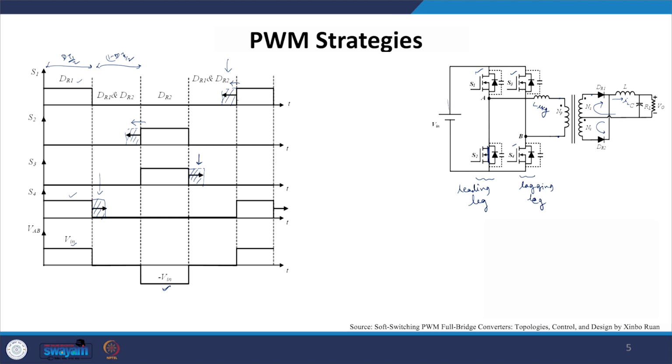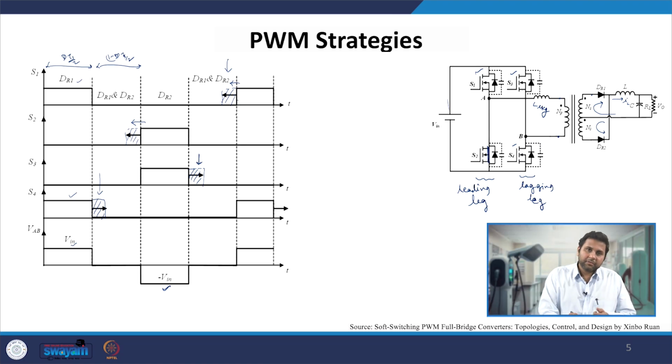So in the leading leg, we are just increasing the turn on period of the leading leg switches in the forward direction by some small amount, without changing anything on the leading edge of the lagging leg switches. During this portion, the other 3 switch states are still the same, so there is no impact on VAB.